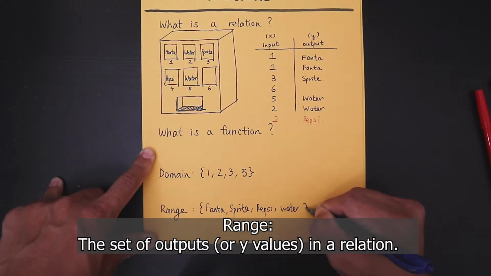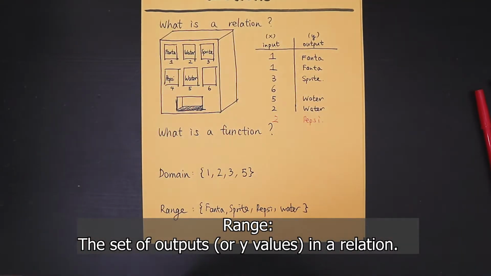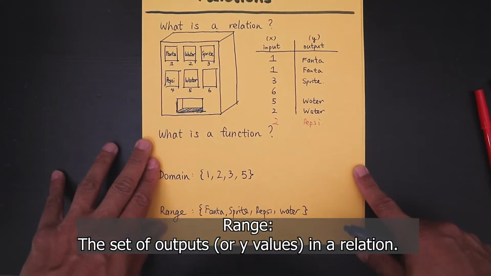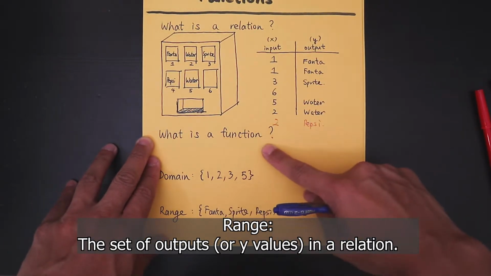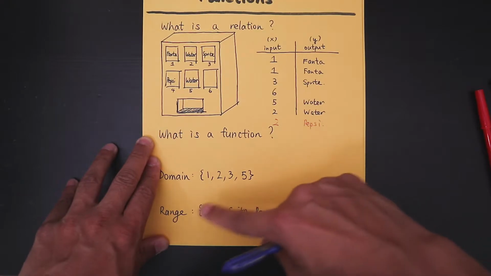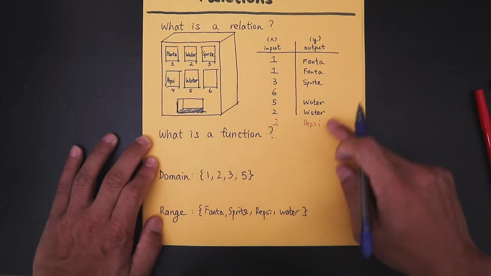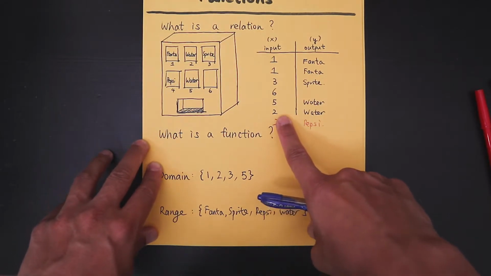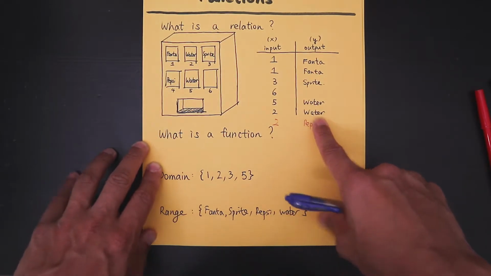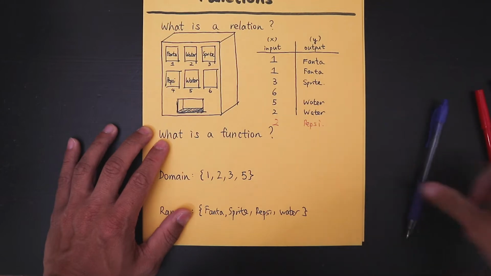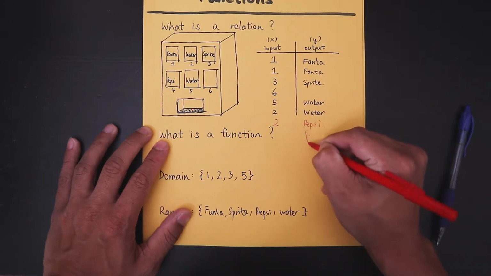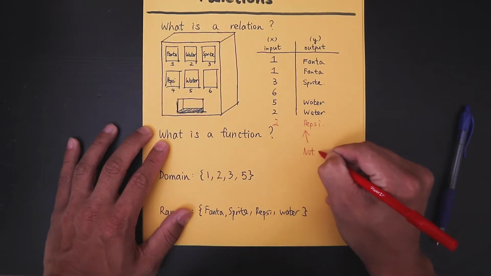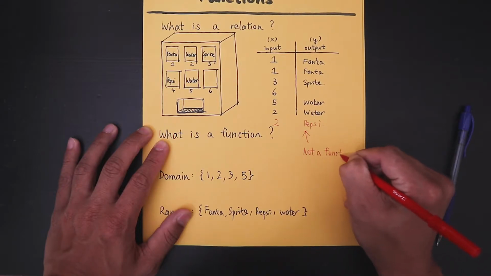That's all you have to do for every problem: tell me, is it a function, what is the domain, and what is the range. So is this a function? No, it's not a function, because when you press the 2, you get two different drinks.